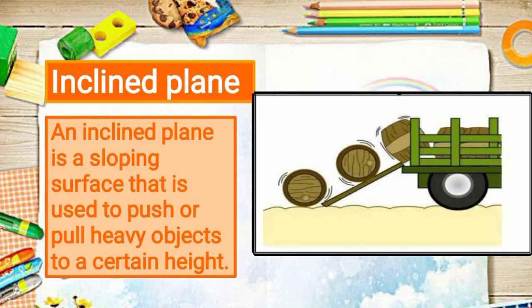Now let's understand another simple machine, which is the inclined plane. An inclined plane is a sloping surface that is used to push or pull heavy objects to a certain height, and a simple smooth board placed at an angle can be used as an inclined plane.